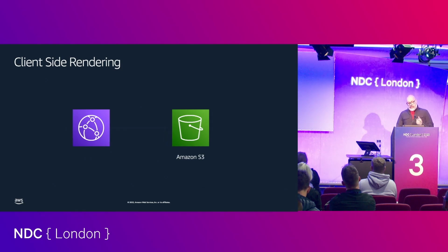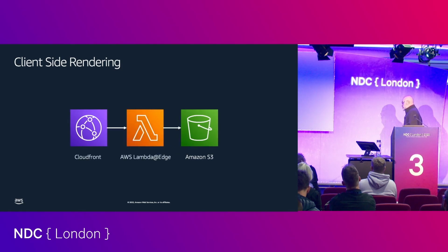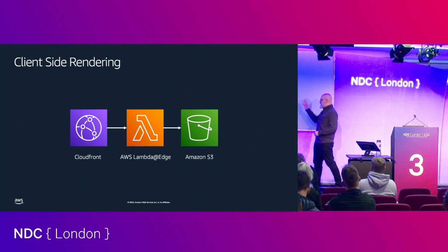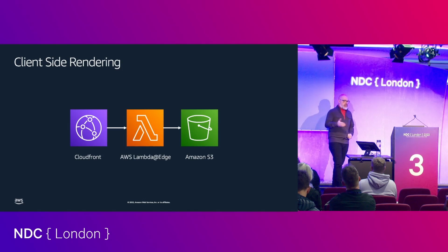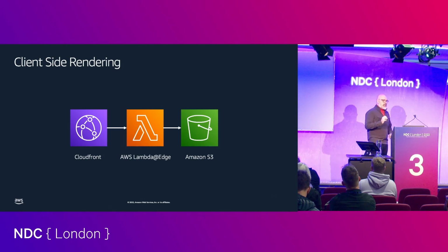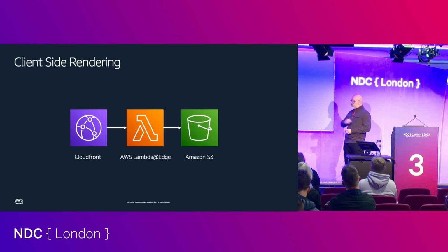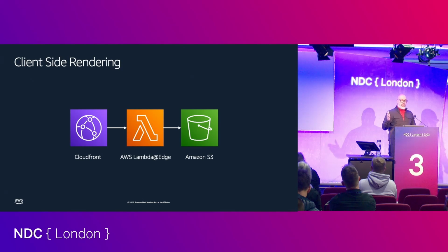Now, before I was mentioning that we can also have a bit of compute close to the edge, and in AWS we have two ways to do that. We have CloudFront functions, which are small functions that run on the viewer request and viewer response, that is, when the request is coming towards the origin and when the response is going to the viewer.